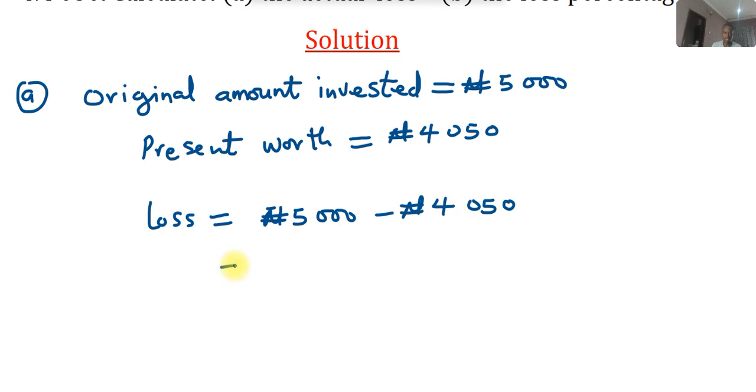So in that case, if you use your calculator, your outcome will be 950 naira.